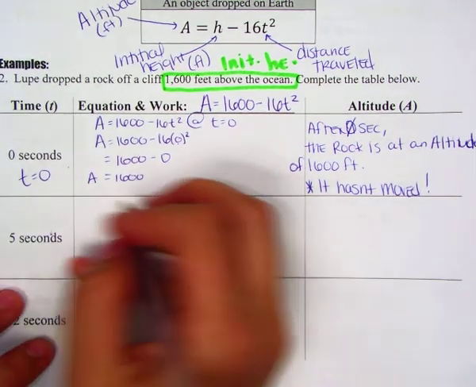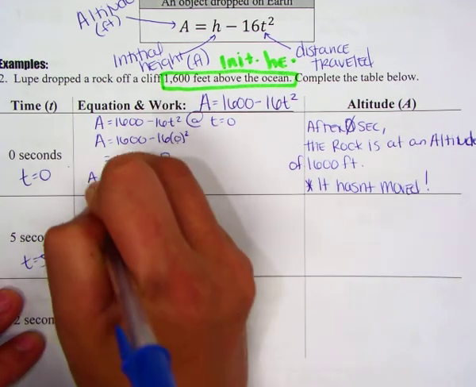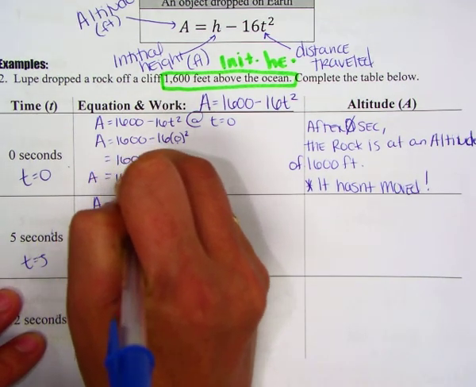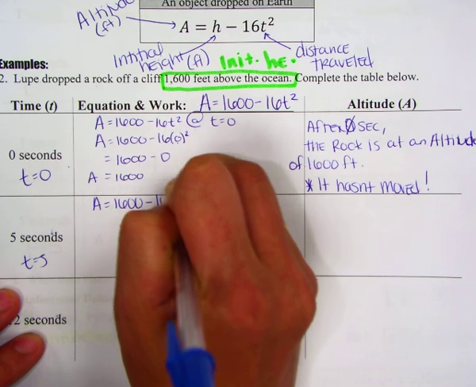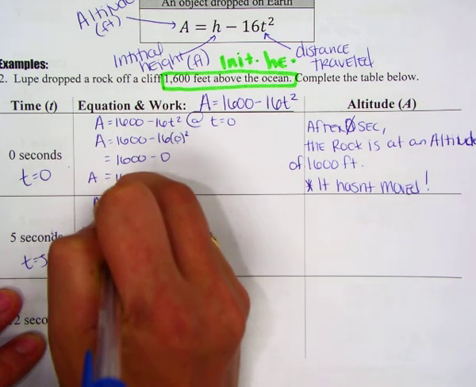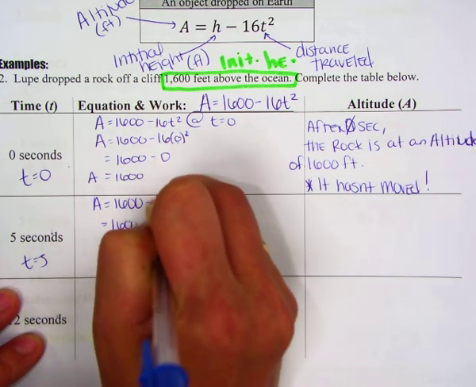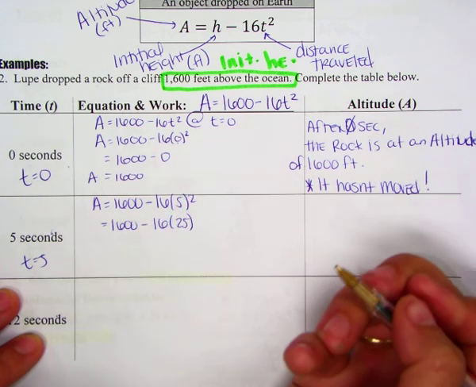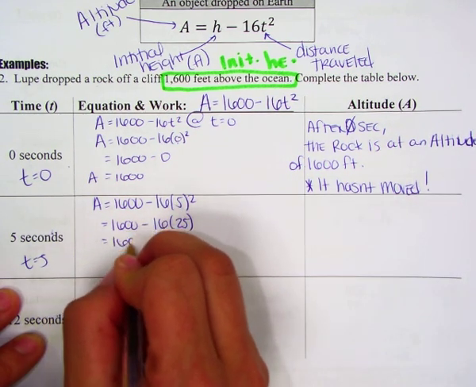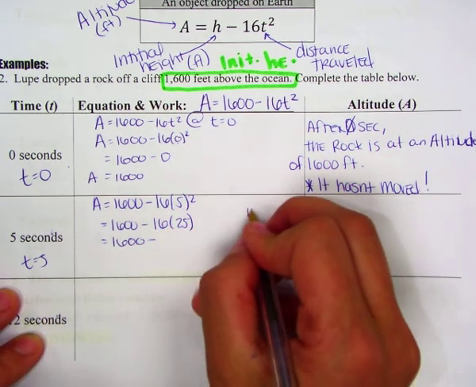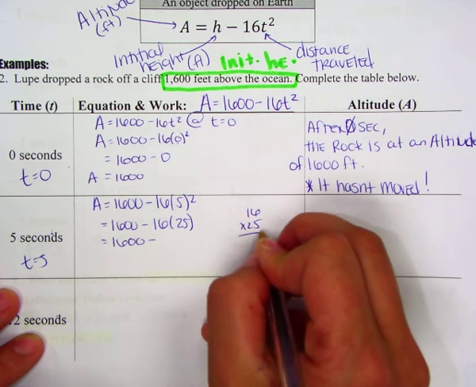All right, let's see after 5 seconds. T equals 5. Altitude equals 1,600 minus 16 times 5 squared. So that's 1,600 minus 16 times 25. I'm going to do some scratch work.